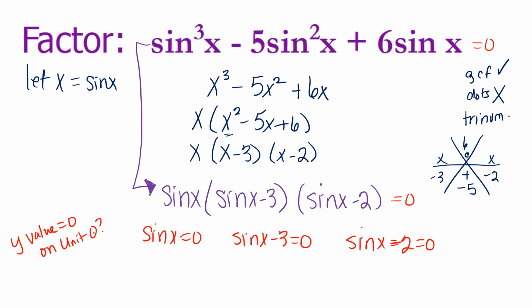Technically what we would do is x equals sine inverse of 0, which means find the angle measure or the radian. So our x represents our angle, and our y values are 0 at 0, at pi, and at 2 pi. Those would be our three solutions for that particular factor.